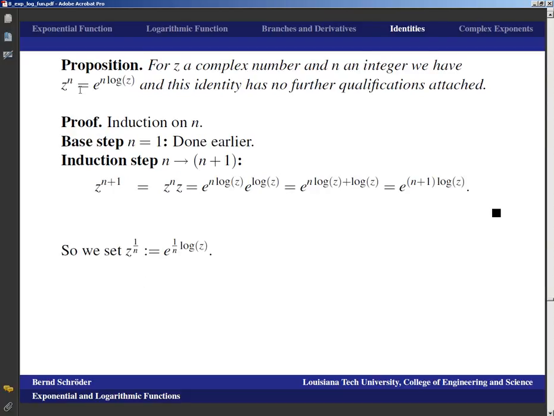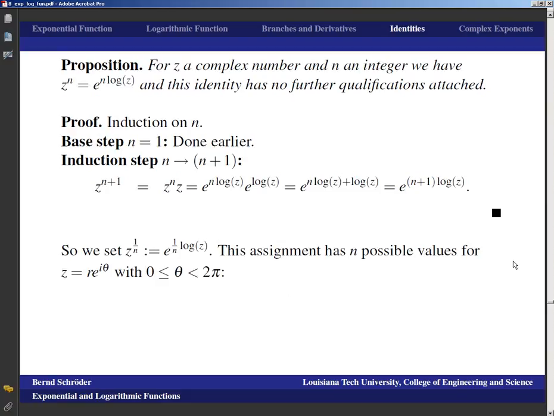And so that means if the nth power is gotten by multiplying by n, then z to the 1 over n is e to the 1 over n times log z. That ought to be a root, because if I raise this thing to the nth power, I just get e to the log z, which is equal to z. And this assignment now has n possible values for z equals r e to the i theta, with theta being between 0 and 2 pi, where 2 pi is excluded.